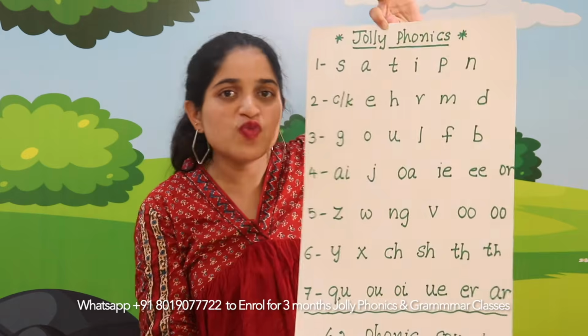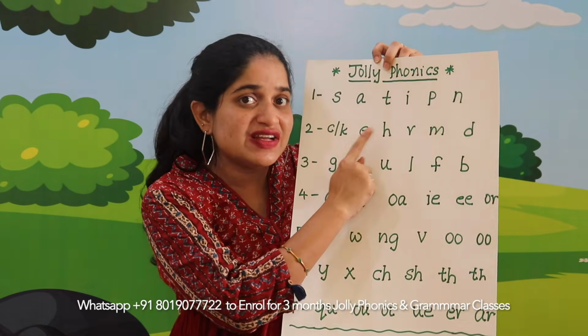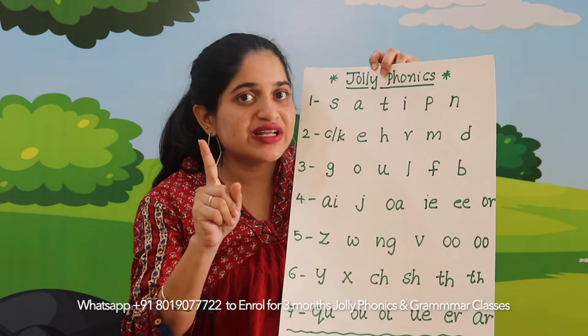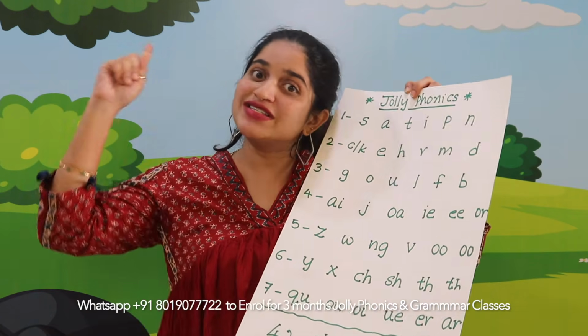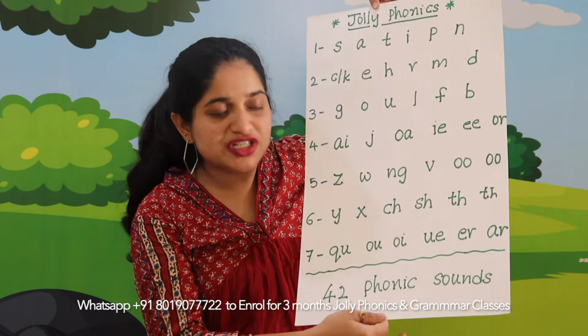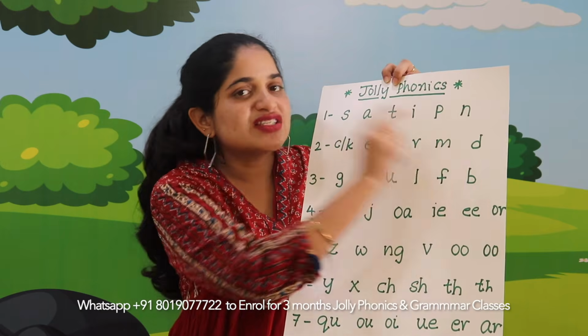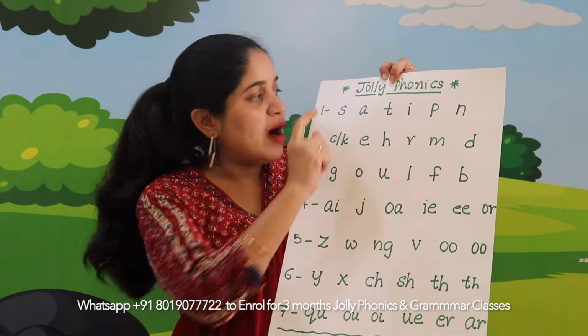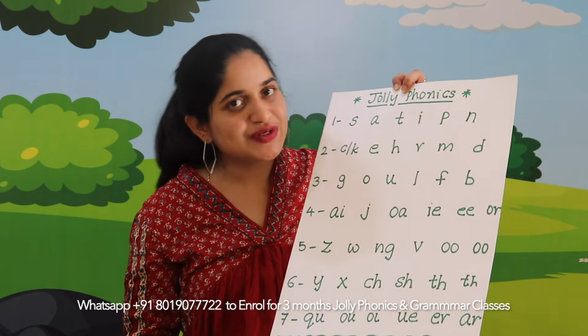So in the same way, we have a unique phonic sound for each and every letter, a unique action for each and every single letter, and also a rhyme and a story for all the 42 phonic sounds in Jolly Phonics. So this is one small example I've given you about how we at Risha Ma'am Online Preschool teach phonics to kids.